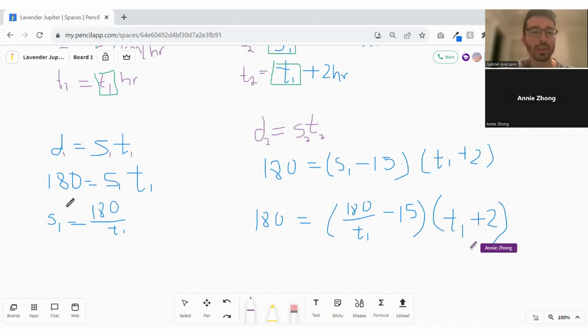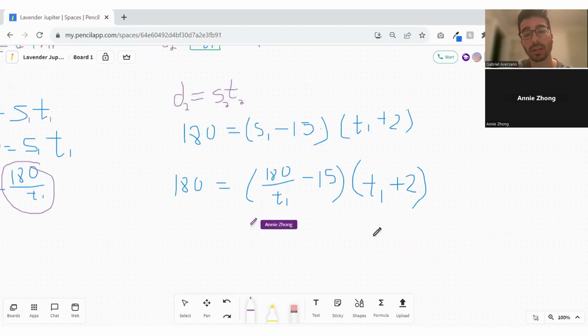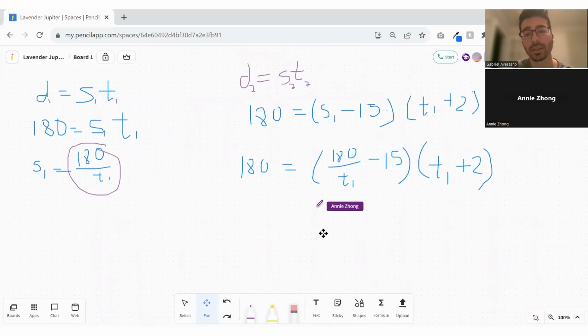Awesome job. So you took this S1, we know it's equal to 180 over T1, and you can just plug it in over here, and doing so eliminates this S1 variable. If you look down here, this equation only has T1, which is good because we're going to be solving for it.